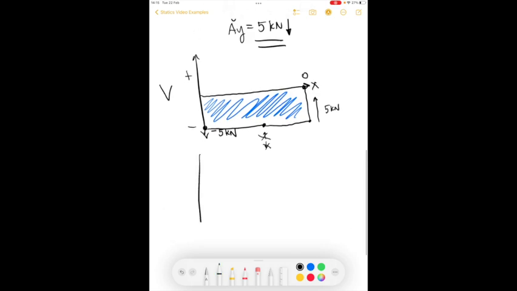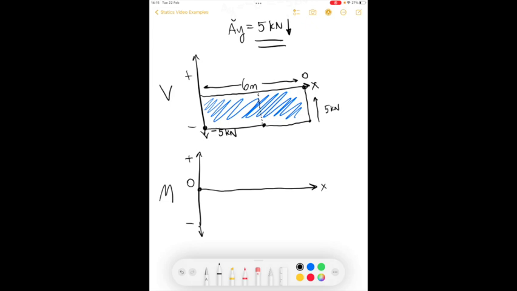Now we can move on to drawing our moment diagram. The length of this is the length of the beam, which is 6 meters, and this is halfway down the middle. We're going to need that information later. So for our moment diagram, we have positive and negative. If we start at the point A, we see that there is no moment. It's a pin. So that's our starting point.